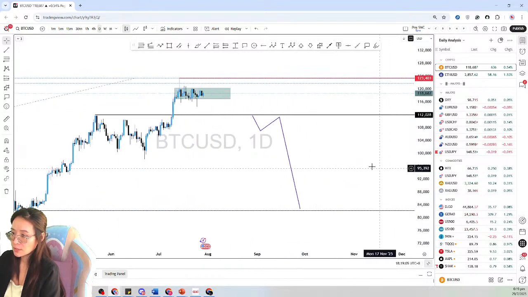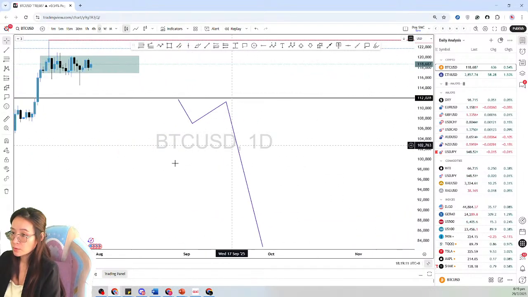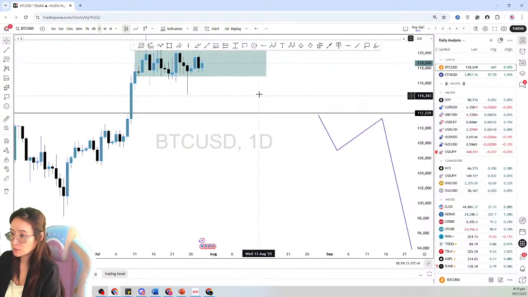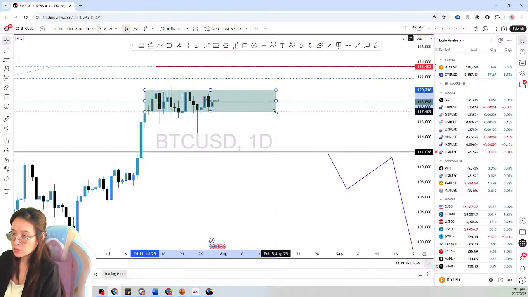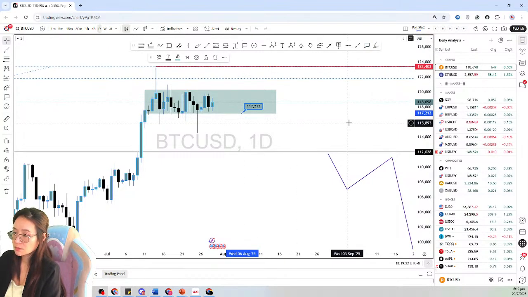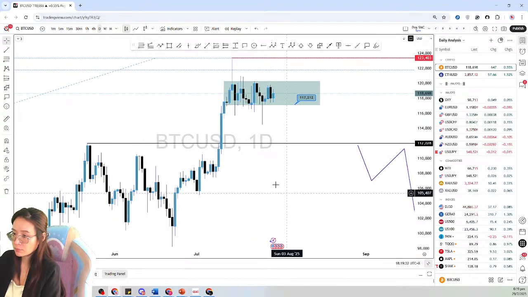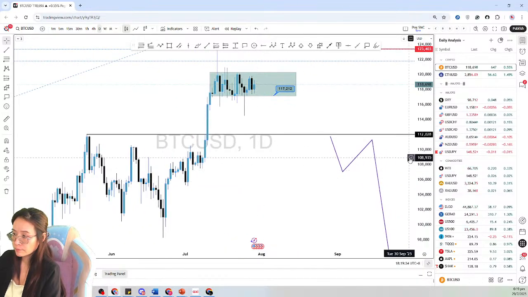Basically, there's no entry yet. You need to wait for price to break below, or the body to close below. Close below what price? I'll tell you the price. You need to wait for the body to close below 117k, and then you may consider to sell or put a sell stop.